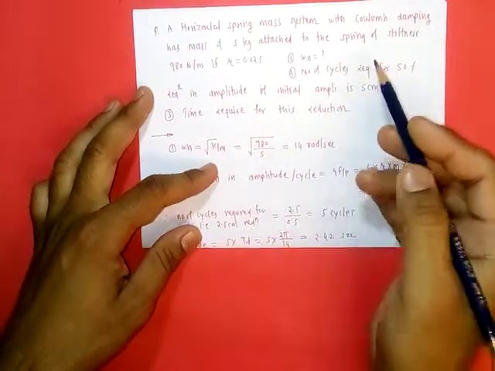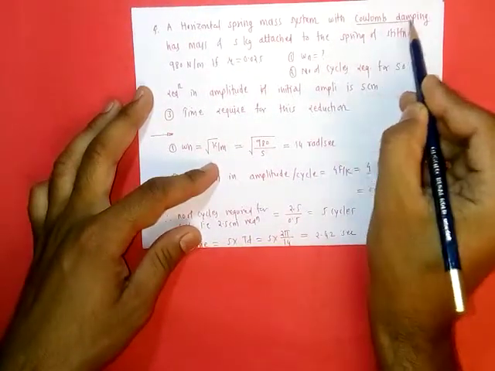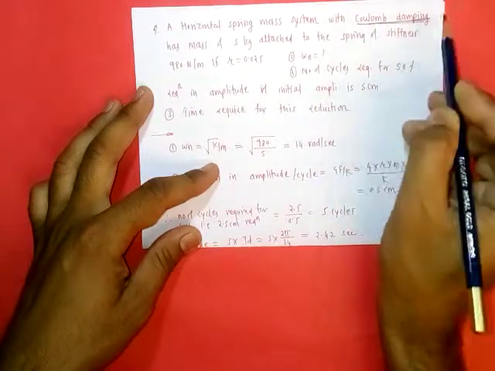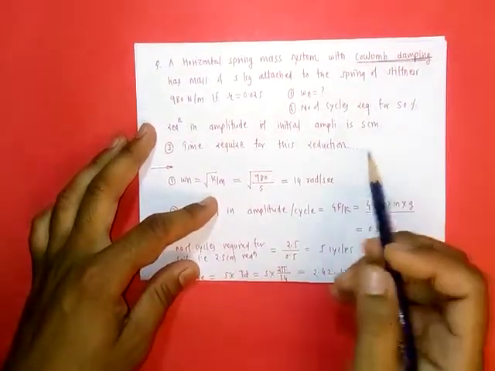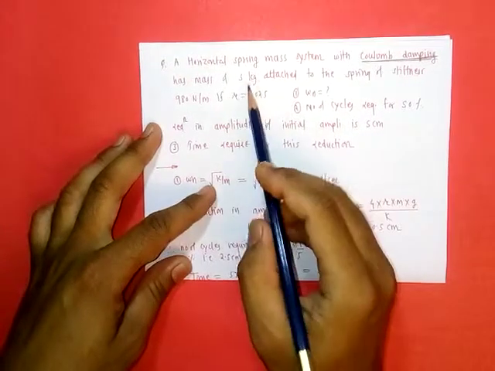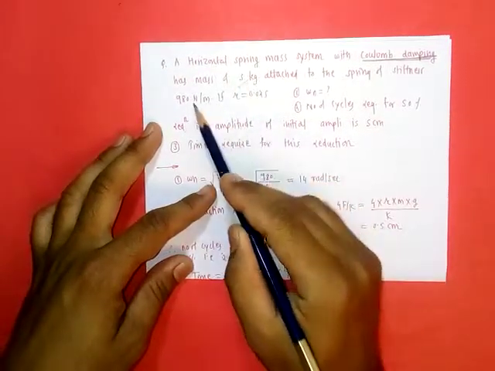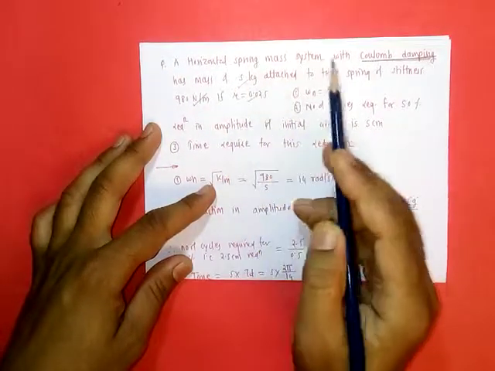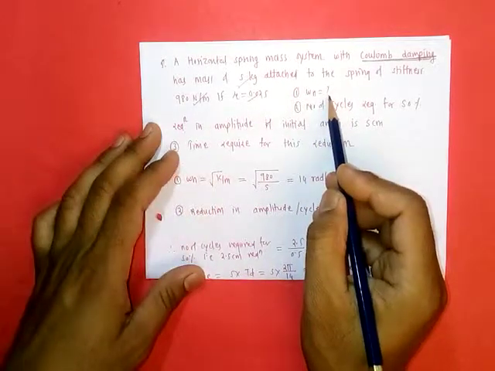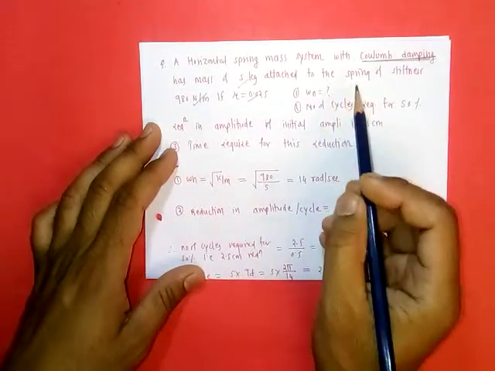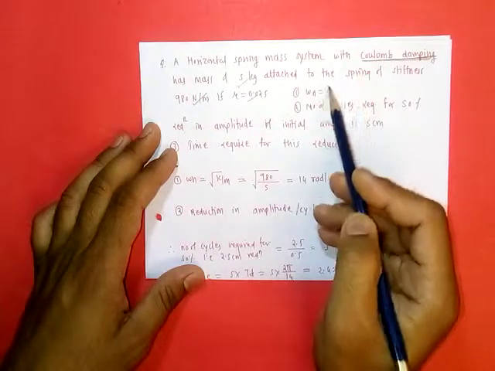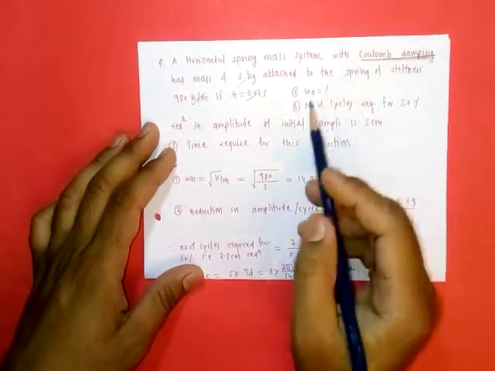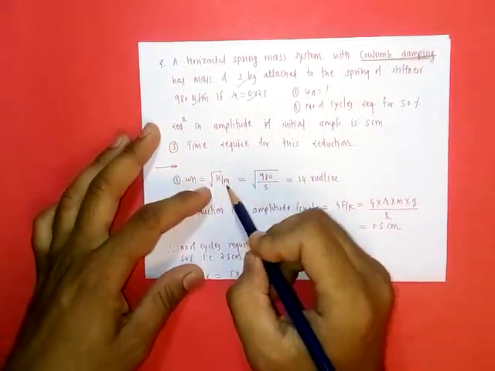So here they have given Coulomb damping, so this problem is based upon Coulomb damping. Mass is given, k is given, mu is given. So first find out the natural frequency. We know the formula for natural frequency is square root of k upon m.